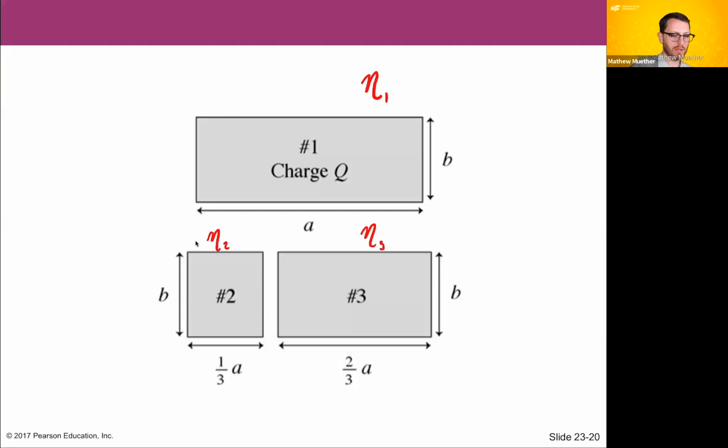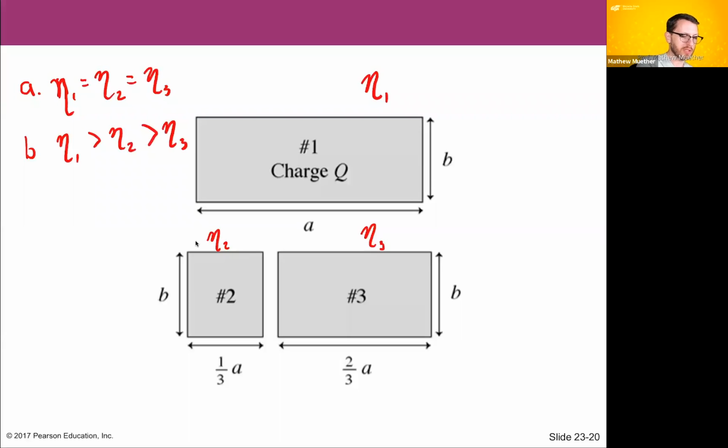Okay. Here's what I want you to do. I want you to figure out which one has the largest surface charge density, which one has the smallest. So let's see. Let's come up with a few answers here. Maybe A could say all of the surface charge densities are equal. Or B, that I have surface charge density 1 is greater than surface charge density 2, is greater than surface charge density 3.